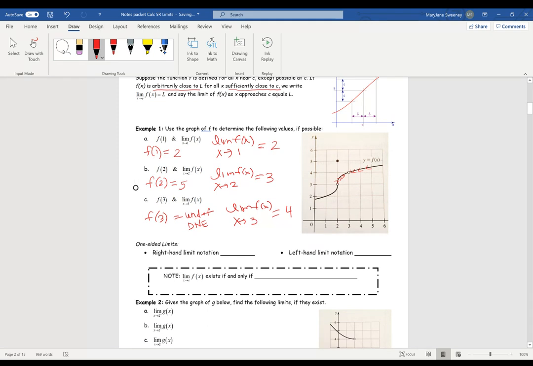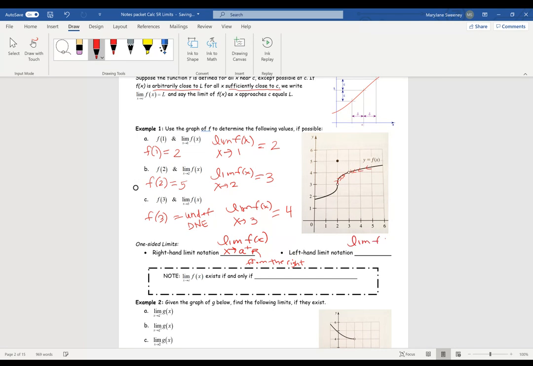Right-handed limit, that's the limit of f of x as x approaches, let's say, some a value, and it looks like a plus sign up in the exponent. That means from the right. So I would say the limit of f of x as x approaches a from the right.